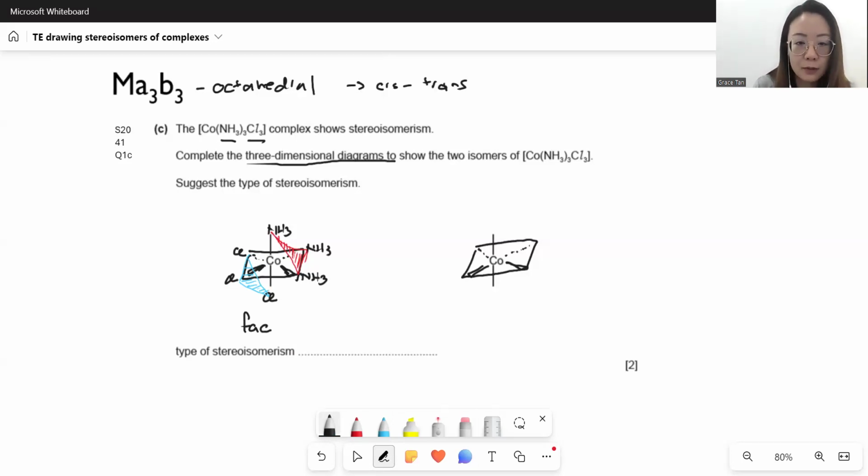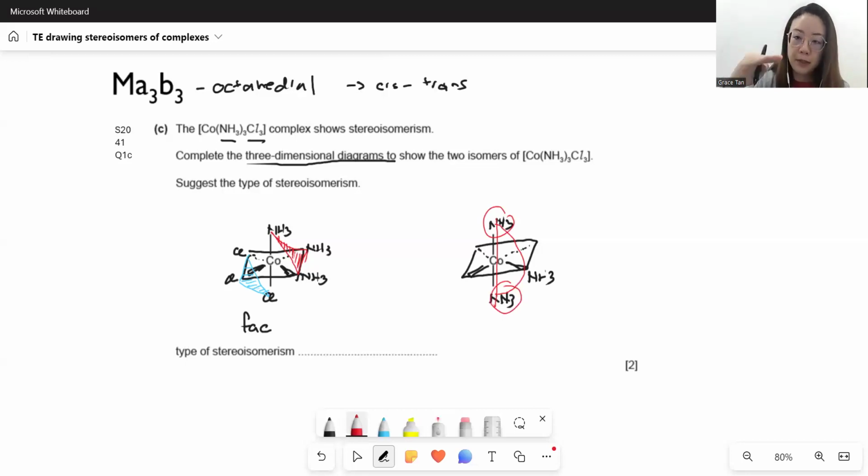The next isomer, okay, obviously you need to have a 180 partner. Okay, so for example, I draw my ammonia, ammonia, and ammonia here. Now then what I do is I connect my 3 ammonia. What you can see here is that between the top and the bottom, you have a 180 relationship.